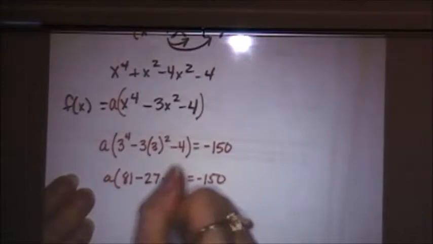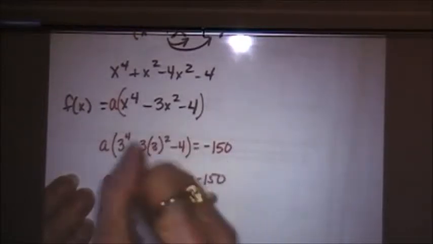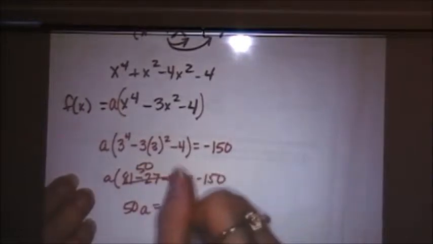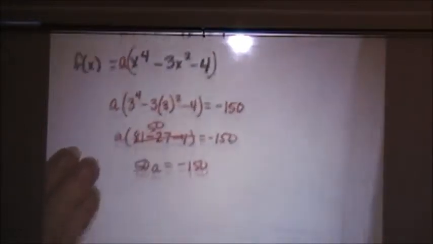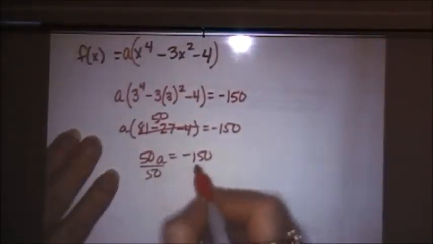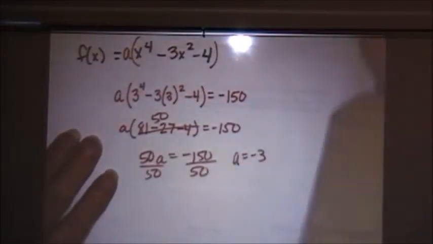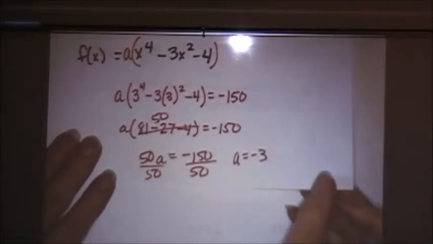So I get a times, this all calculates to 50. So I get 50a equals -150. I'm going to divide both sides by 50. So a equals -3. So now I know what my lead coefficient should be.